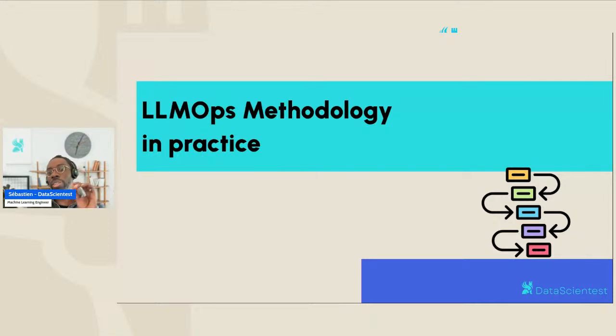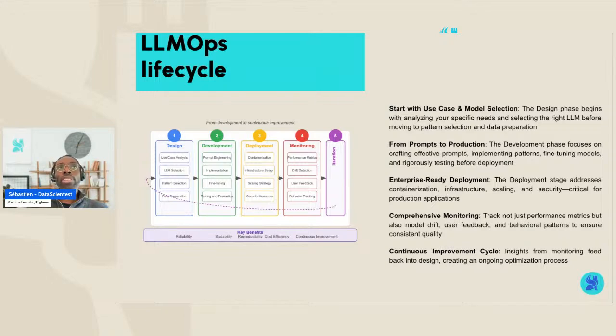So the question here is, how do we do it in practice? I already mentioned these steps: you have the design phase, development, deployment, monitoring, and iteration. These are the main steps that you will follow.